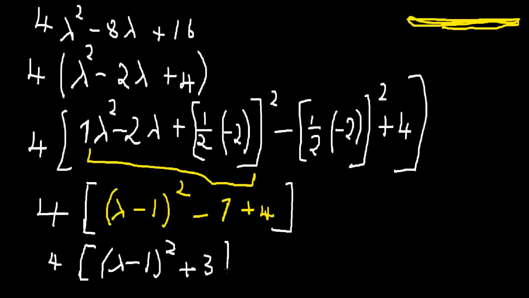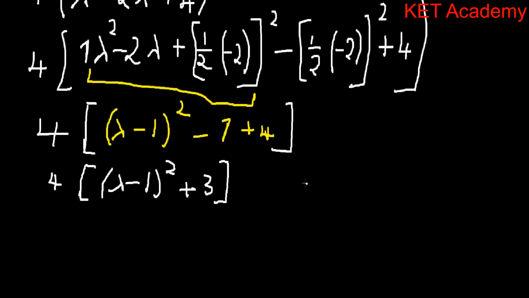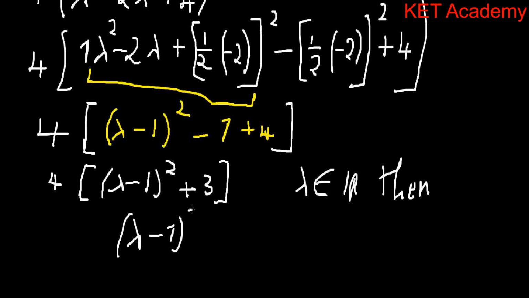So we are done. The conclusion here will be that since lambda belongs to the set of real numbers, then lambda minus 1 all that squared will be greater than or equal to 0, because any number of lambda that we put here, minus 1 and we square, is going to be positive.